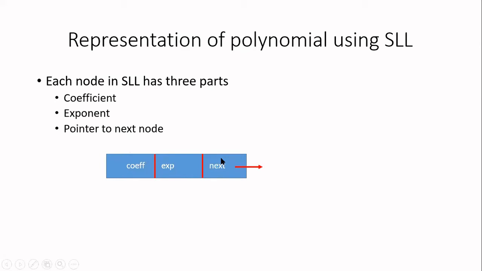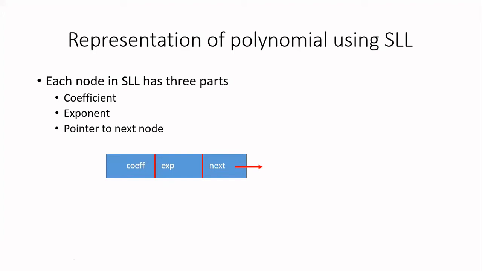Always remember, whenever you write a program using a linked list, there must be a pointer to the next node. Then only you can access all the remaining elements in the linked list. The reason is they have been stored in random memory locations, not in sequential memory locations. So you need to know at what address you can find the next data. Here, if it is a single linked list, every node will have only one next field.